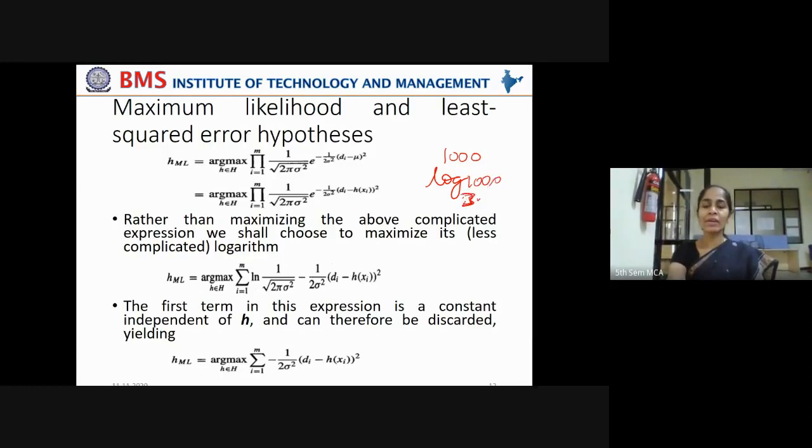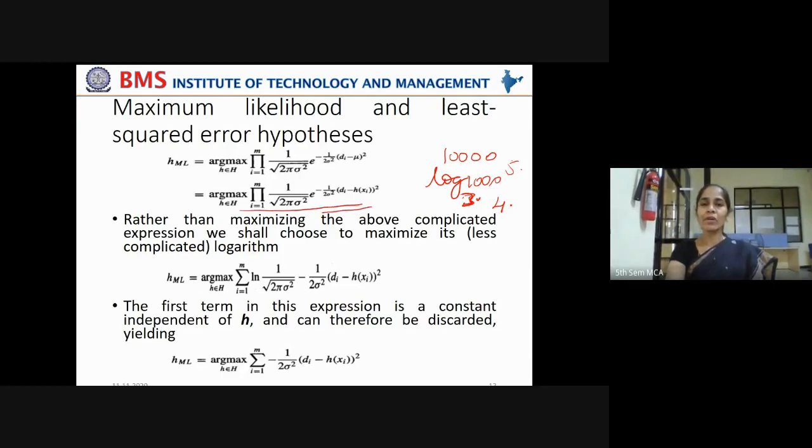When you calculate the logarithm of 10,000, it is 4 point something. Logarithm of 1 lakh is 5 point something. So by applying the log, you are bringing large values to a manageable range. Okay, so for this, let us apply log.